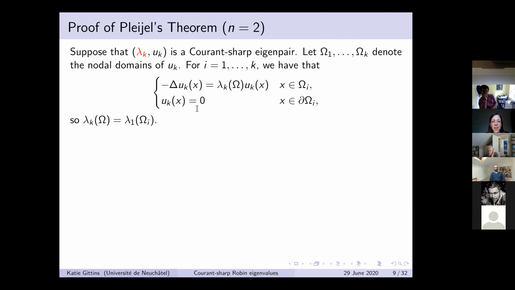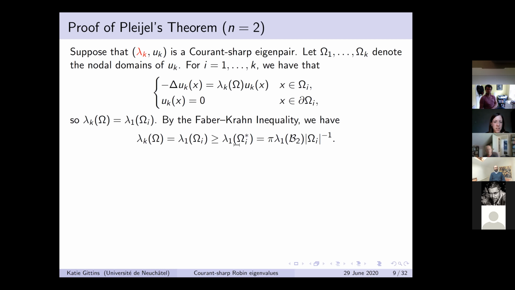So what we know is that on each of these nodal sets, u doesn't change sign and it's not identically 0. So in fact, the kth eigenvalue is going to have to be the first one on each of our omega_i's. And then for the first Dirichlet eigenvalue, we can apply the Helffer-Persson inequality.